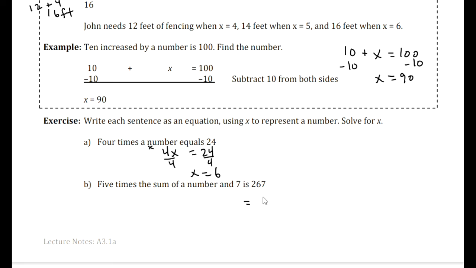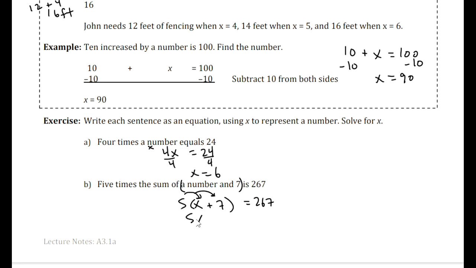Five times the sum of a number and 7 is 267. So is our equals, so we have 267. So 5 times the sum, so we have the sum of a number and 7. So this will be a number x, our unknown, plus 7. And we need 5 times that quantity equals 267. So to solve this, we distribute.